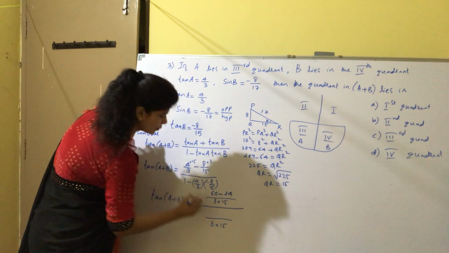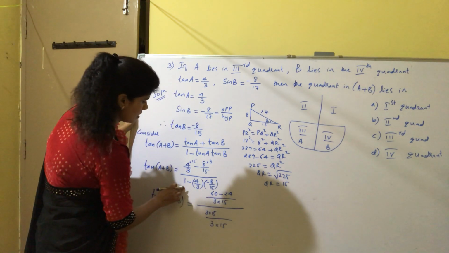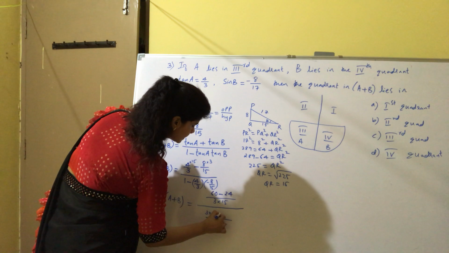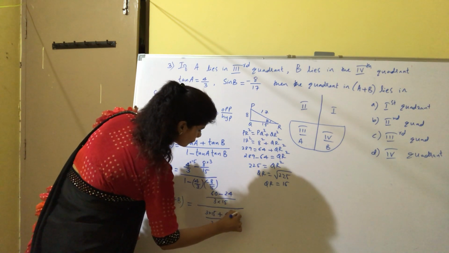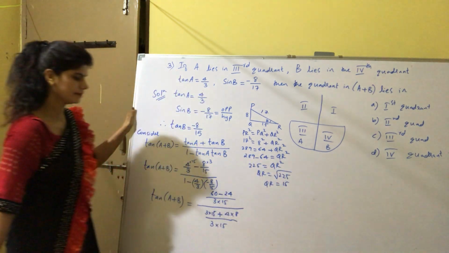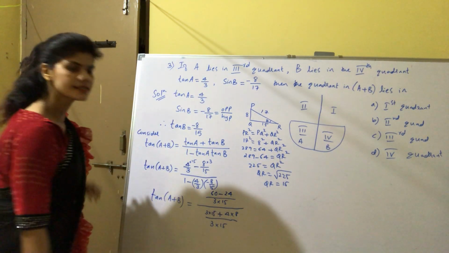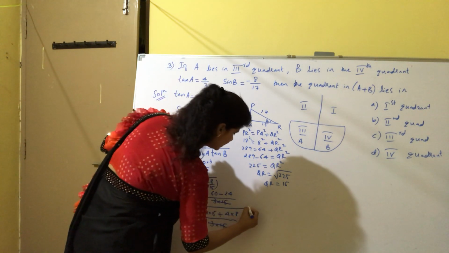So 3 into 15 should be multiplied, minus into minus is plus, 4 into 8. So 3 into 15 cancels because the denominators are similar. 3 into 15 cancels with 3 into 15.